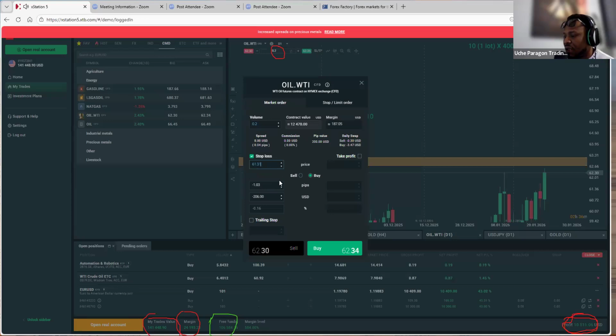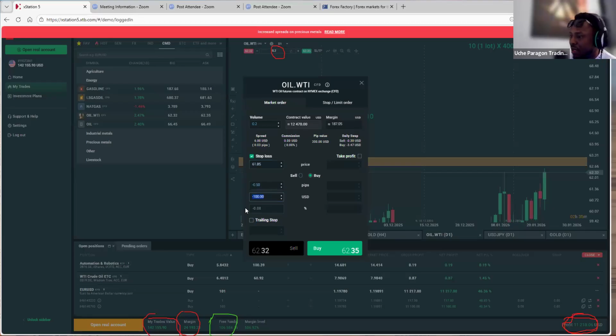You see, it has given me the estimated value, which is $210. So I can say, okay, 61.70. It has given me 100. Let's say 61.85, and it has given me exactly $100 loss.